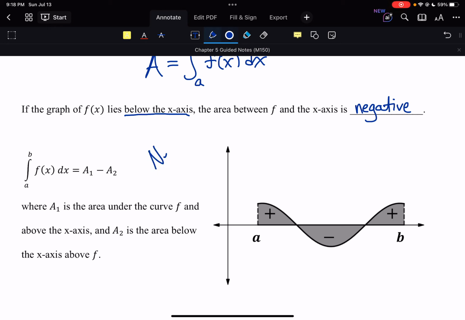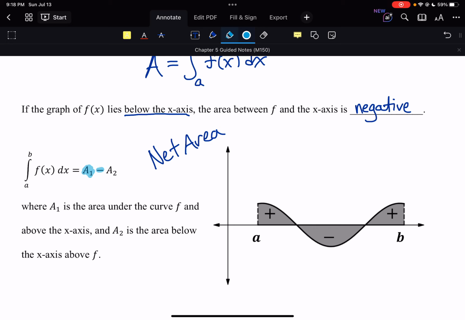So this would be called net area, where values above the x-axis are counted positively, but values below the x-axis are counted negatively.